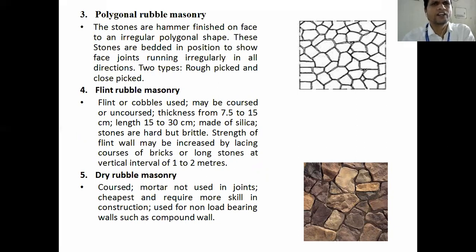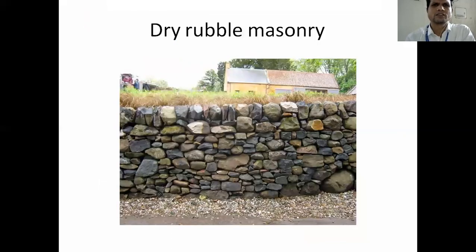Then flint rubble may be of coursed or uncoursed thickness. In dry rubble masonry, we use stones without mortar, without any bonding material. This is an example of dry rubble masonry, generally used for temporary walls, or sometimes for permanent walls also, because they are stable because of their weight.